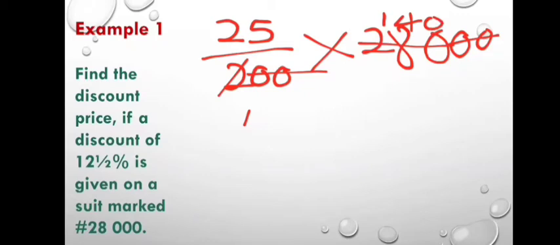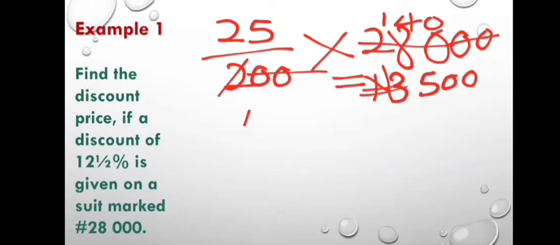So 140 times 25 is 3,500 naira. This is the discount, the amount to be deducted from the marked price.